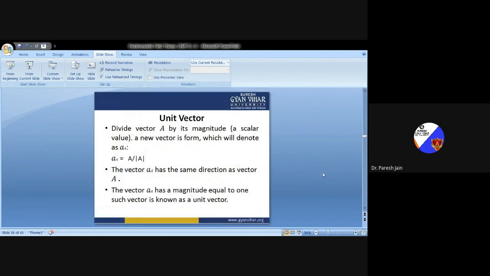Unit vector. Divide vector a by its magnitude, a scalar value, and a new vector is formed, which is denoted by a upon magnitude of a.